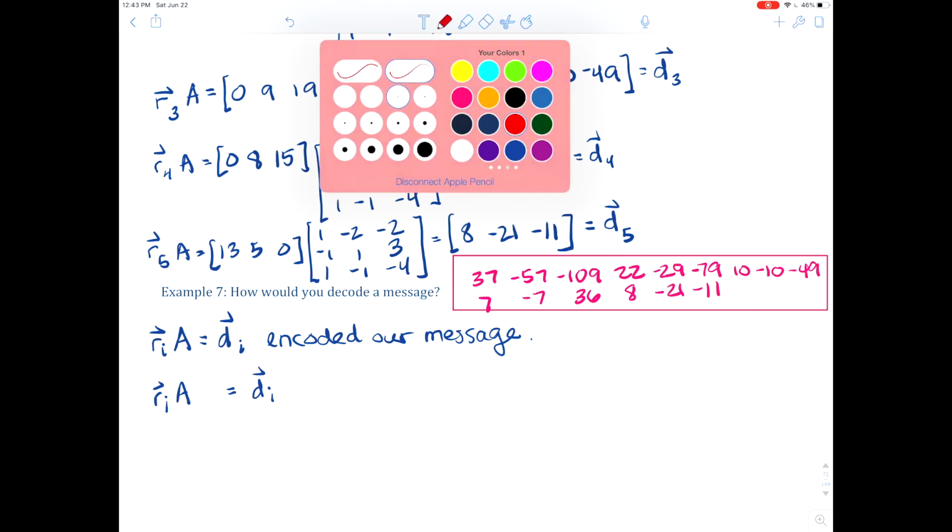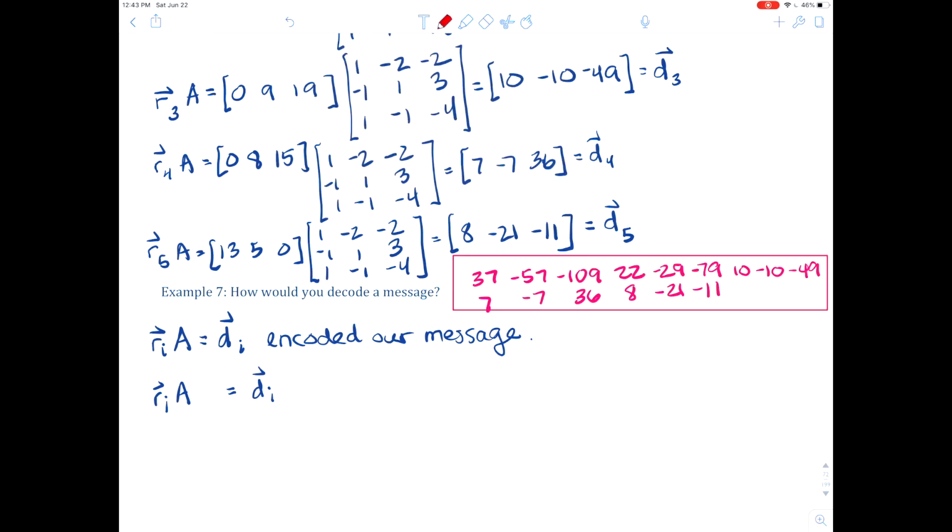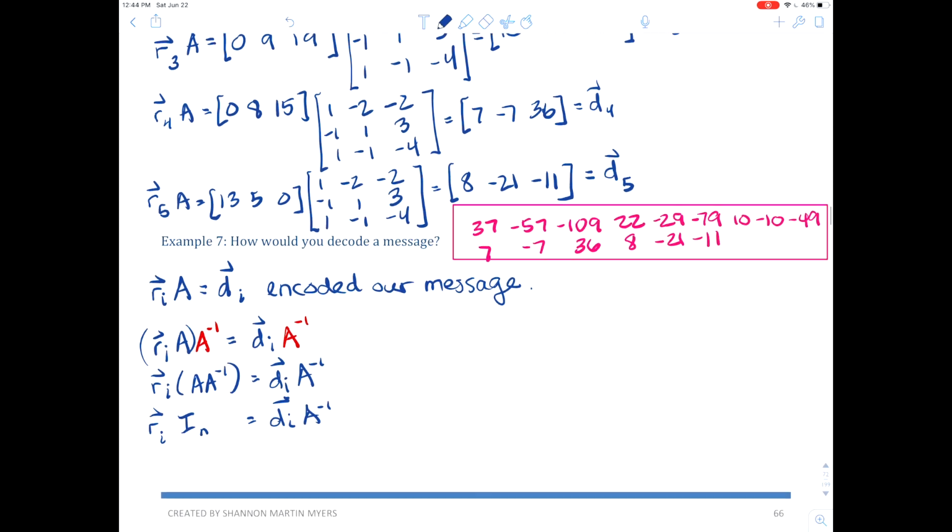And what if we multiplied both sides of this equation by A inverse on the right side? That's going to give us Ri times A times A inverse equals Di times A inverse, which gives us Ri times I n equals Di times A inverse.